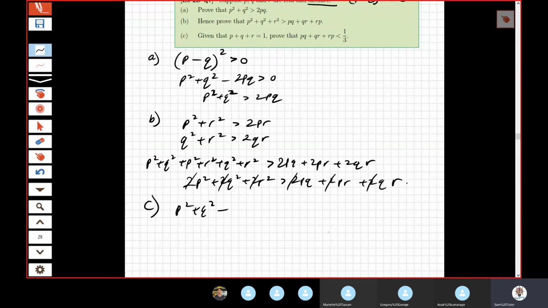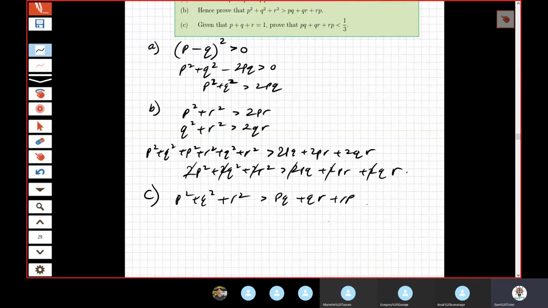So p squared plus q squared plus r squared is greater than pq plus qr plus rp. Right? We know that p squared plus q squared plus r squared can be written from polynomials as a perfect square like that minus 2 times the sum of its roots 2 at a time, which is this, pq plus qr plus rp.